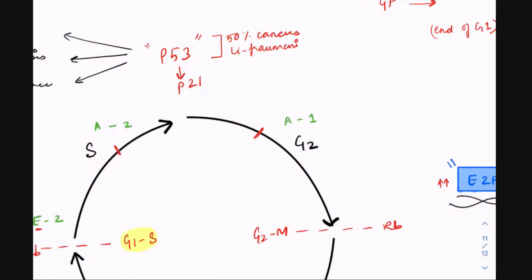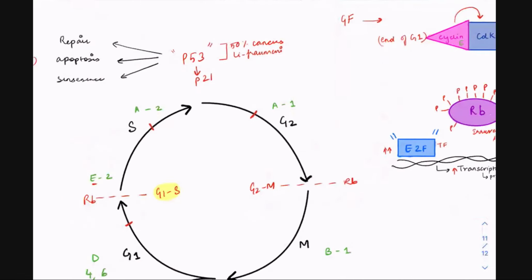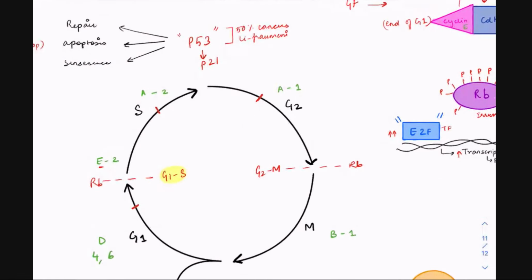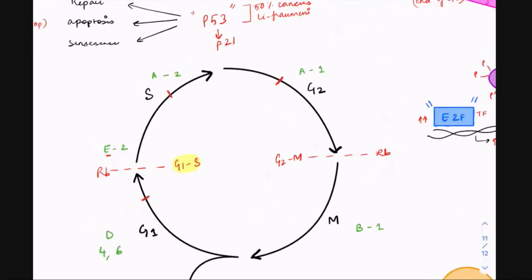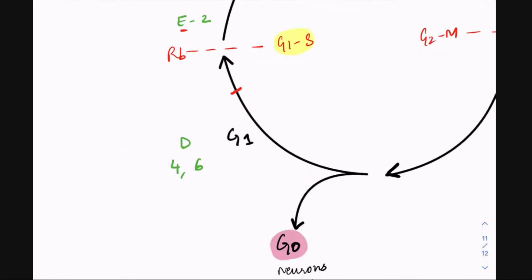Okay, next let's talk about a specific P protein that works specifically in the G1 phase. There's this P protein called P16 or INK4A, and this specifically blocks our cyclin D CDK4/6 complex.